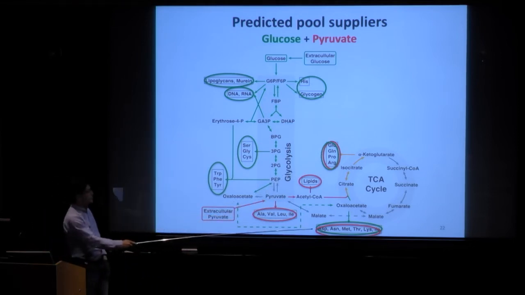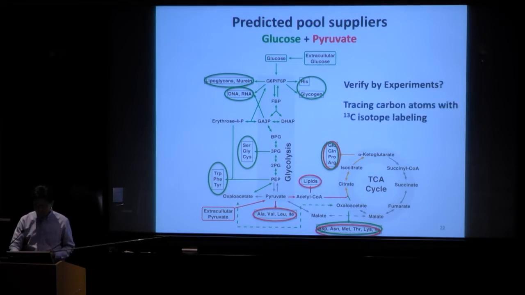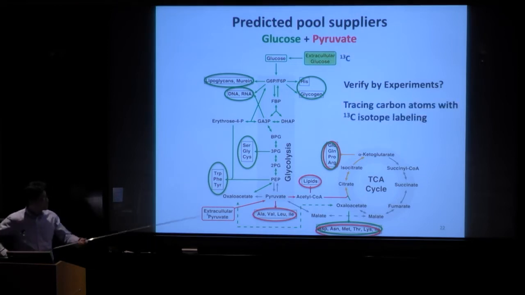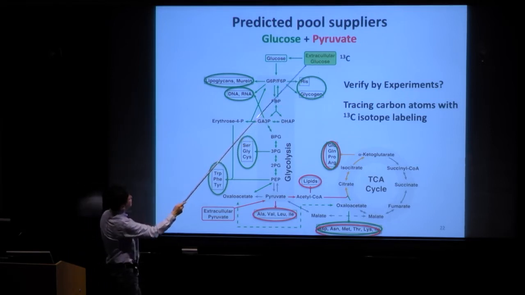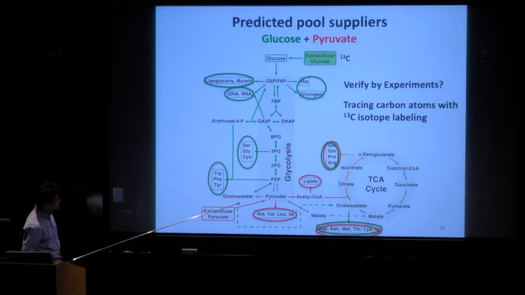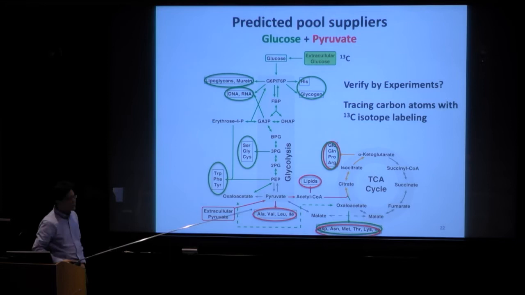And here's a different percentage. So you can do all this calculation. And then you can use carbon 13 labeling to verify. Essentially, you feed them with carbon 13 glucose, and after a while you use mass spec to measure which amino acids have carbon 13 and which ones don't.